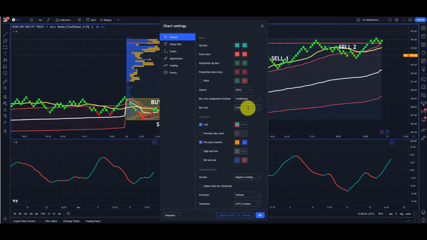You want enough movement to give you the signals, but you don't want too much so it whipsaws you out. So it's a crucial process getting the block size right. In this one I've used a 0.25 on the SPY. I've got loads of videos in the RENKO playlist for you, and one specifically on how you concentrate on block size. I'll put a link to that at the end of this video.